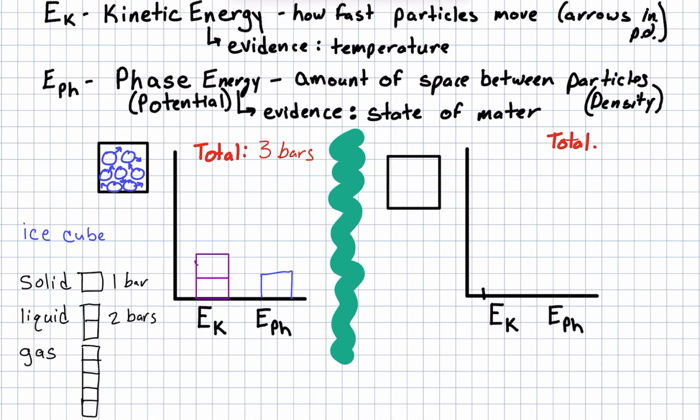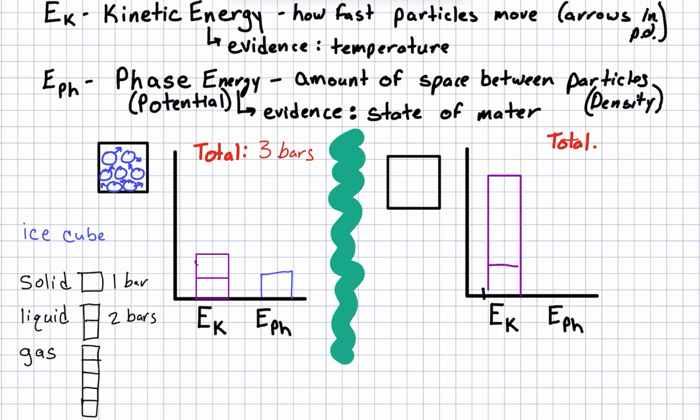Well, what if I want to represent a hot gas, or a hot solid? Sorry. Let's say I have a piece of metal that's glowing red hot. And so in this case, my kinetic energy now is going to be much greater because it's glowing red hot.